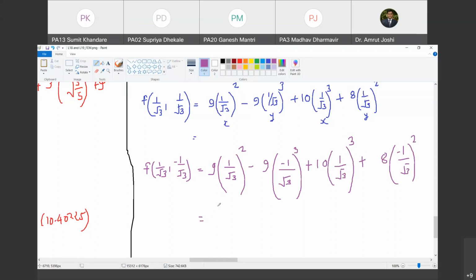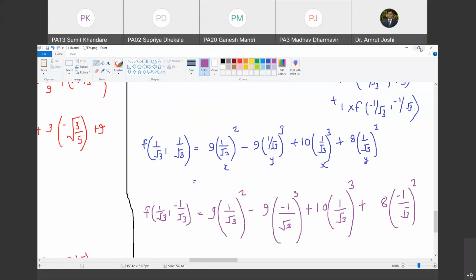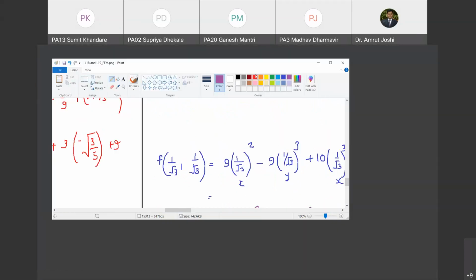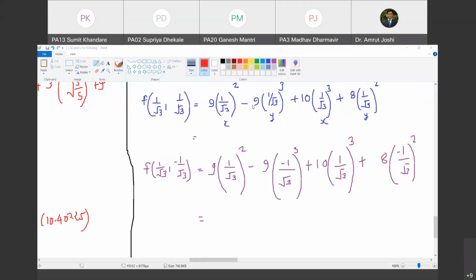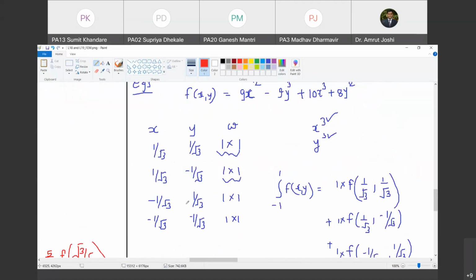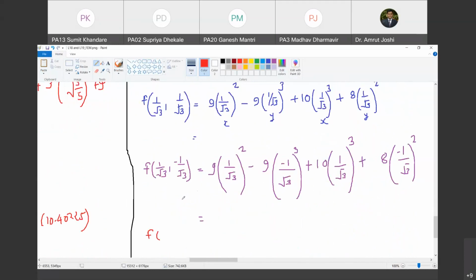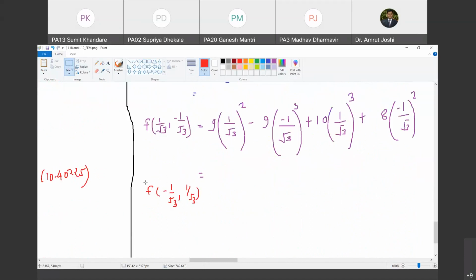This also you are going to tell me. Just give me a second. Okay, then third term is going to be f of minus 1 by root 3 and plus 1 by root 3. So how do I write that?